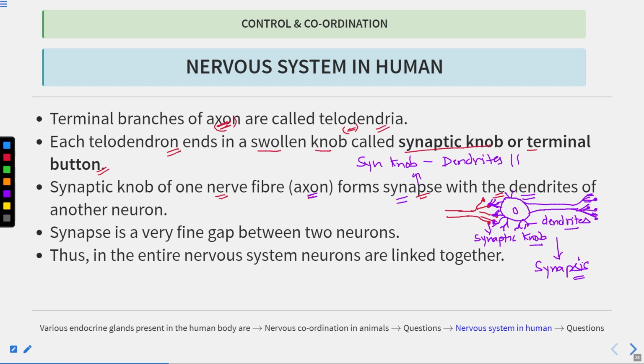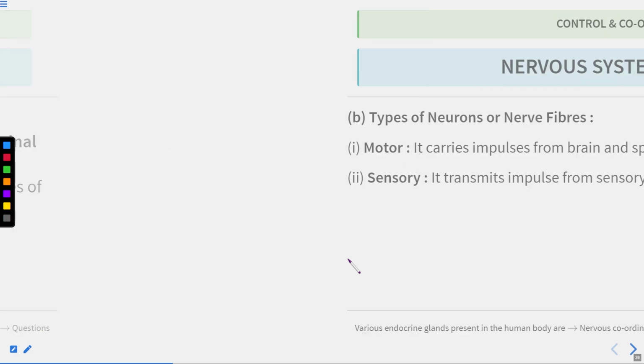So dendrite of axon 2, synaptic knob of axon 1. Okay, this is clear. Now, what is the synapse? Synapse is a very fine gap between two neurons. This is how the entire neurons are linked together in the nervous system.